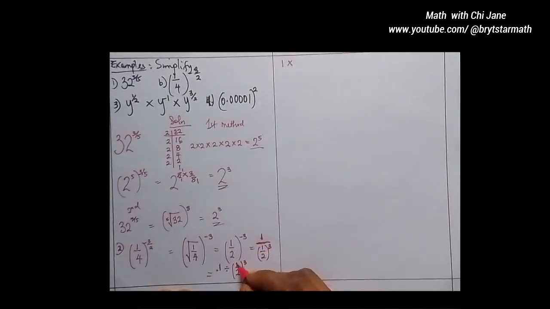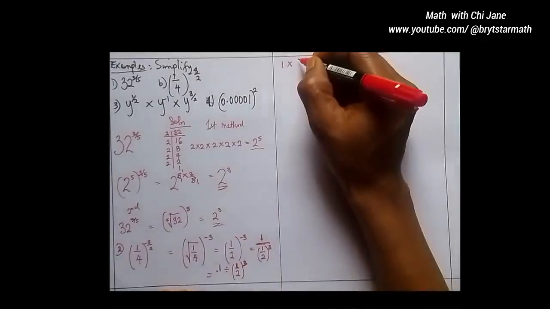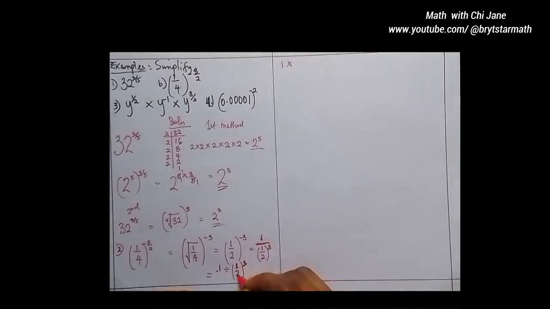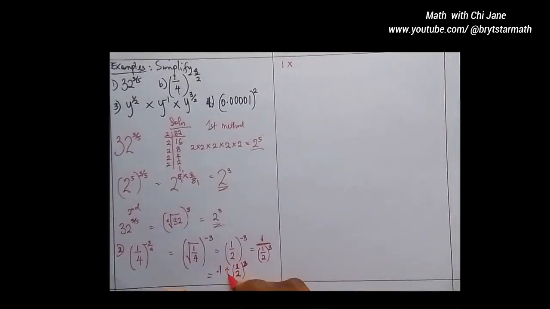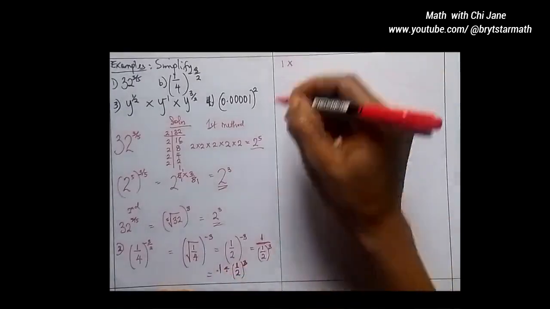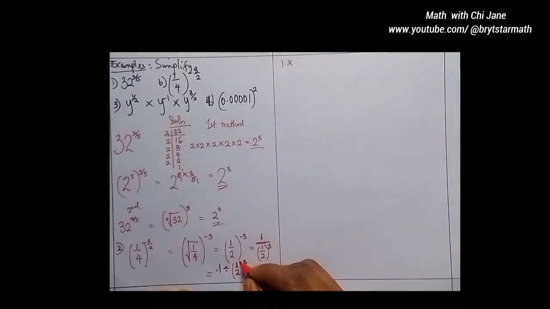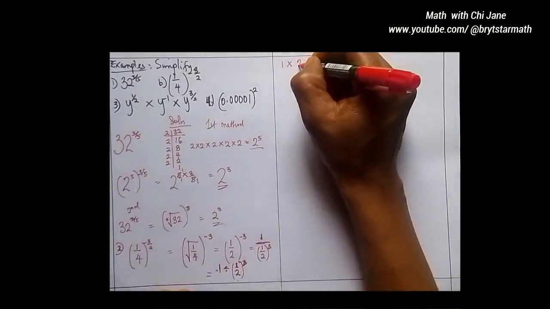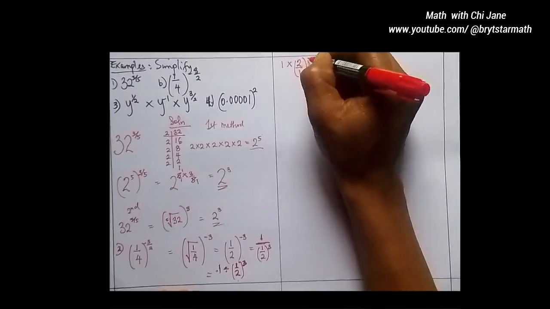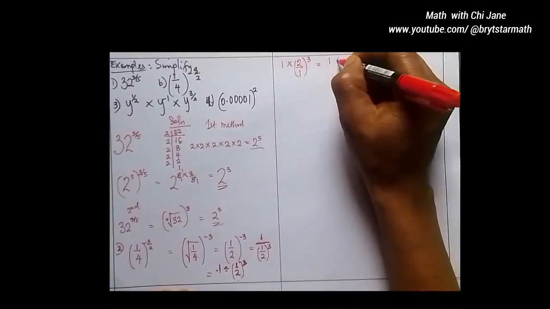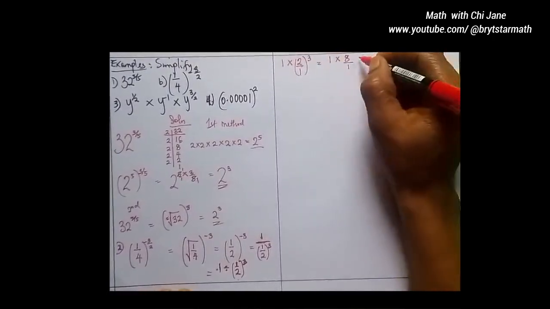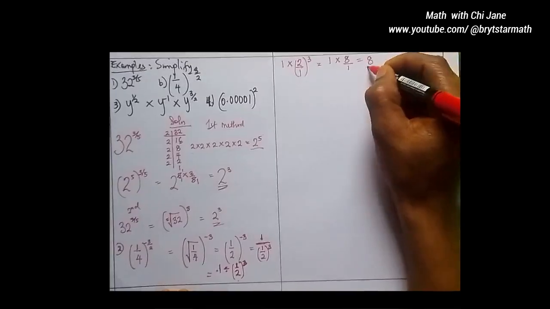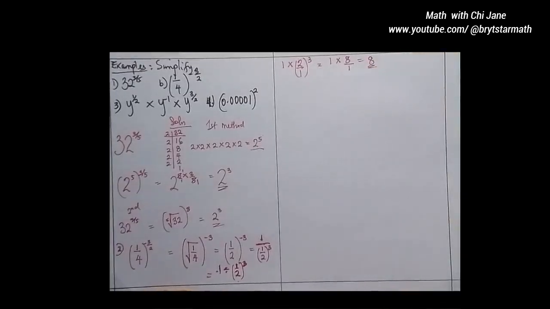So we have 1 raised to the power of 3, which is still 1. Then 2 raised to the power of 3 is 8. Once this division becomes times, the number below swaps to the numerator and the number on top goes down. So we have 2 over 1 raised to the power of 3. So 2 raised to the power of 3 is 8, and 1 raised to the power of 3 is 1. So our final answer becomes 8.